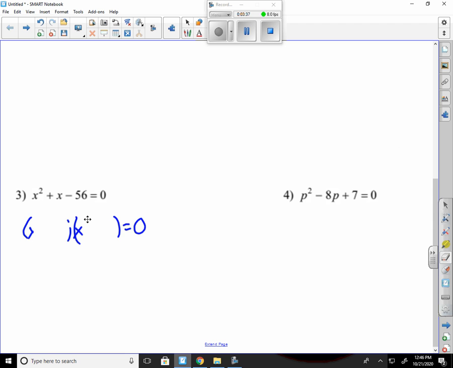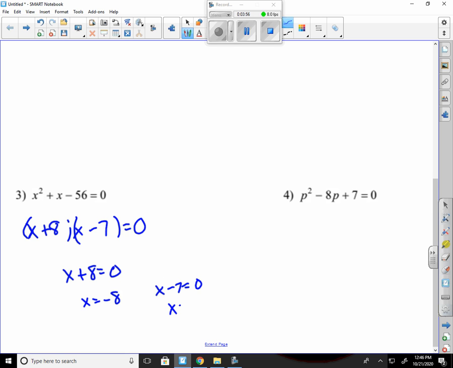That's x plus 8 and x minus 7. Subtract the 8 over, gives me x equals negative 8. Of x minus 7 equals 0. Add the 7 over, gives me x equals 7.